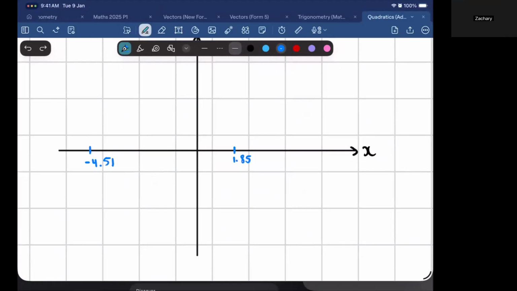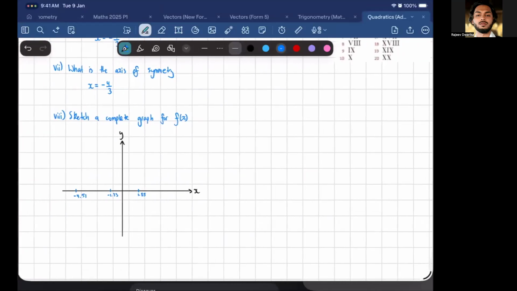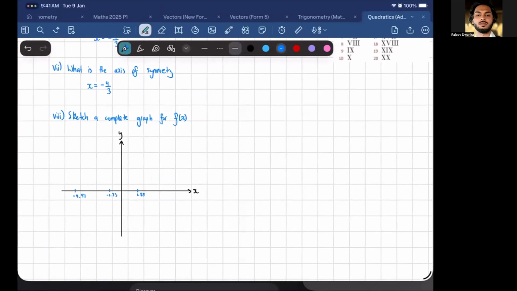Before. Before, right? So minus 4/3 is like minus 1.333. So that might be somewhere over here. All right. And it was a maximum or minimum? Minimum. Right. So that would look like this. You okay with that? Mm-hmm. Okay.